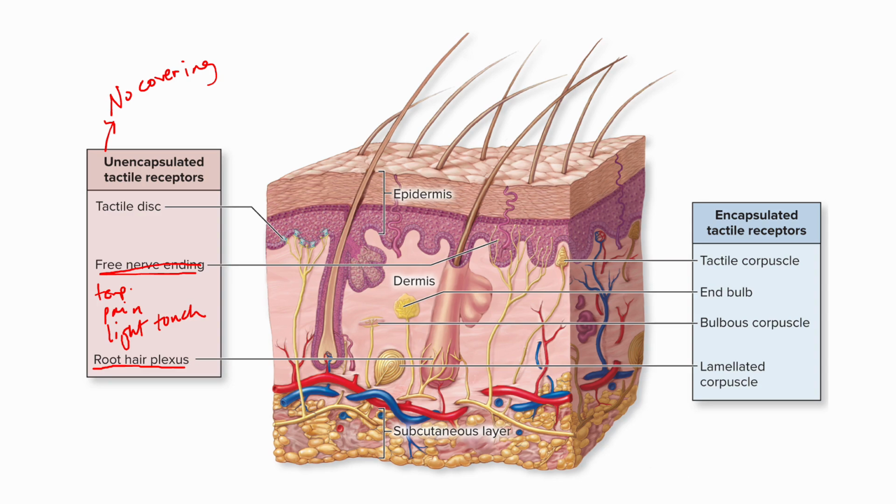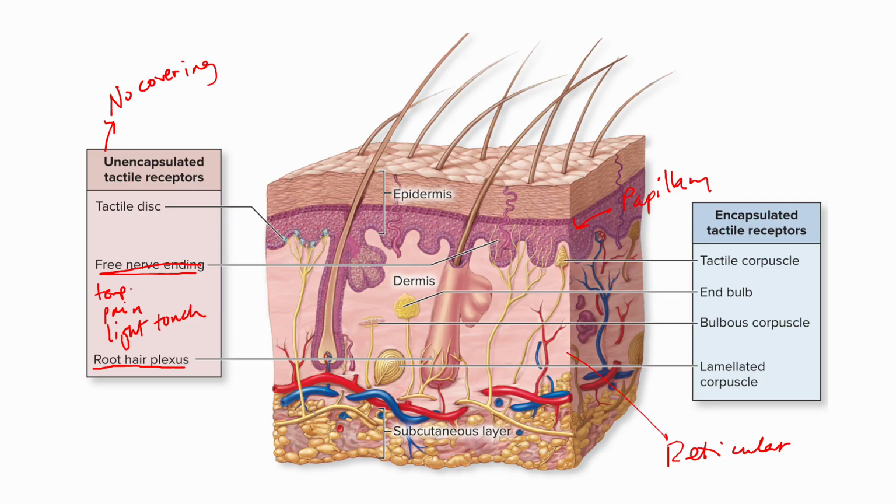Remember, we have the papillary layer, just as a review, and then we have the reticular layer, which is deep to the papillary layer. Those both make up the dermis. So these are deeper, in the reticular layer of the dermis. And because they form this web-like mesh around the hair roots, they're going to detect movement of our hairs.